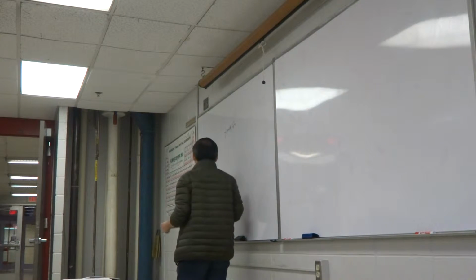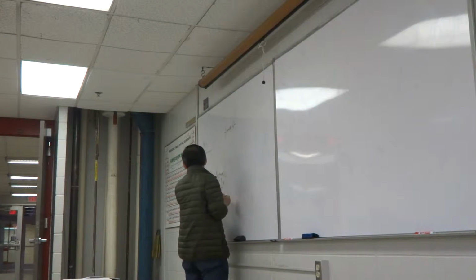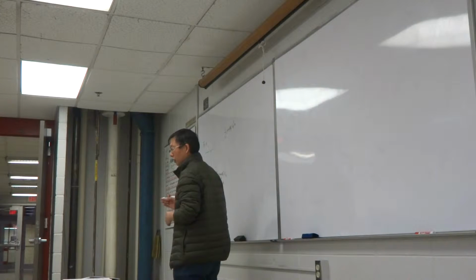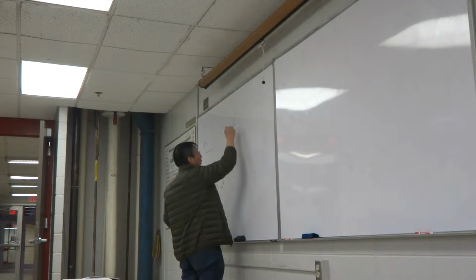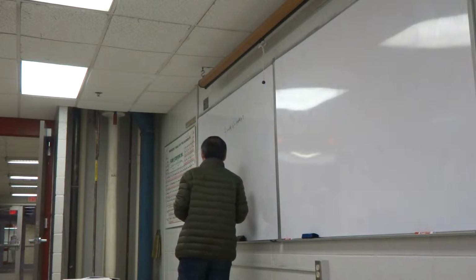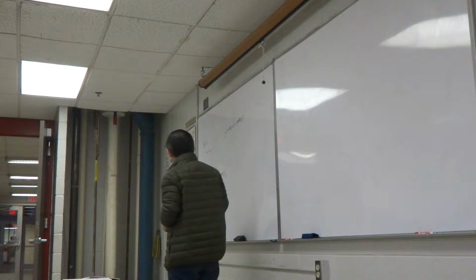Plus potential energy. We can choose the lowest point to have y-coordinate 0. So the potential energy is (m plus M) times g times 0.